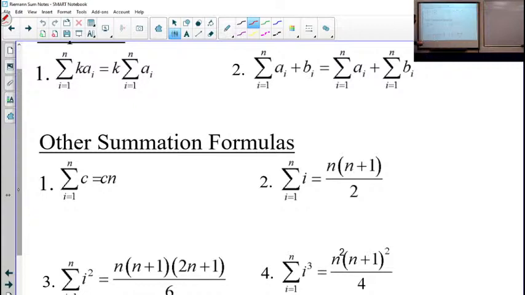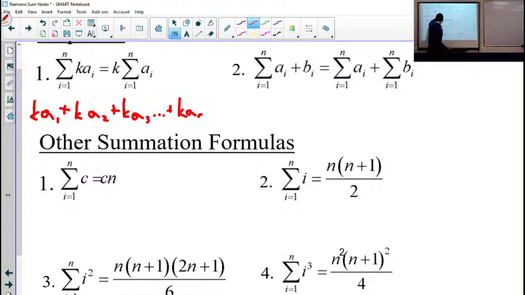So another way that can be written is that this sum on the left would be k times a sub 1 plus k times a sub 2 plus k times a sub 3 all the way across.